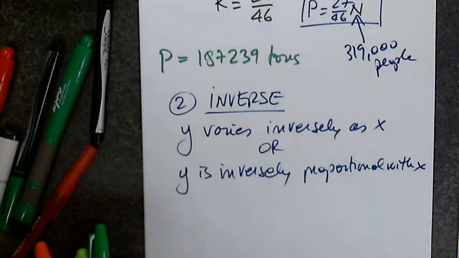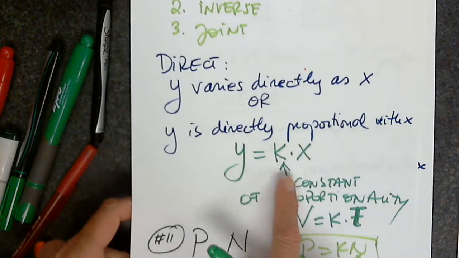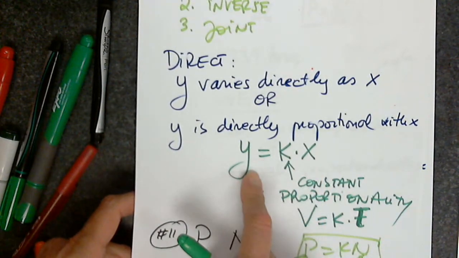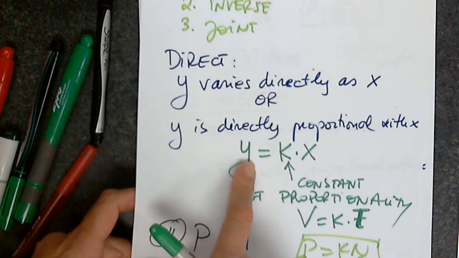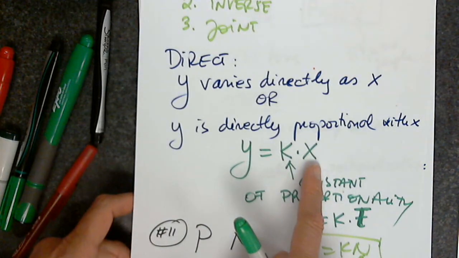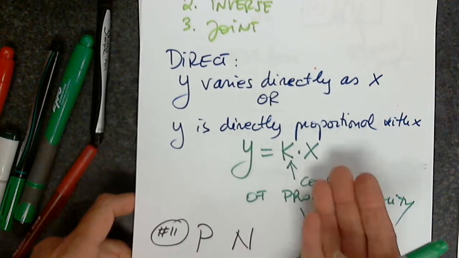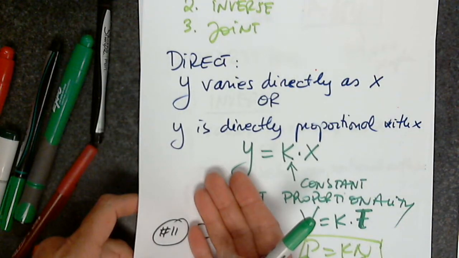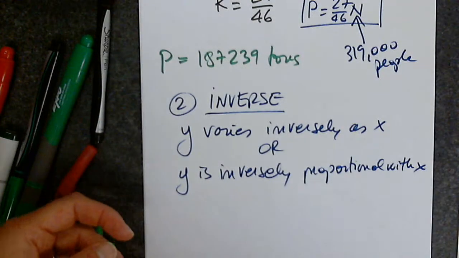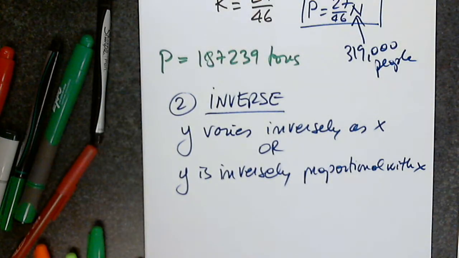Coming back here for a second, what does this mean? It means that if x increases, y increases. If x decreases, y decreases. They go in the same direction. More people, more pollutant. The inverse is the other way around. One increases, the other one decreases. One decreases, the other one increases, right?